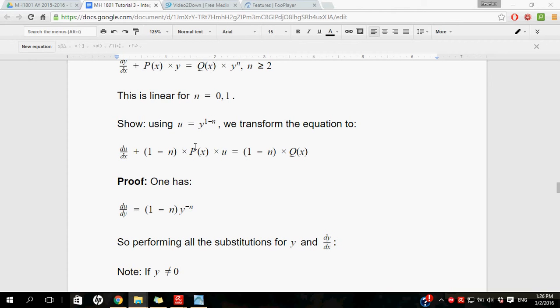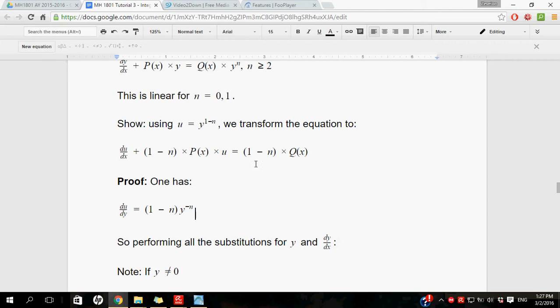So when we differentiate that, we take the power 1 minus n and bring it down and subtract 1 from the power, so it becomes y to the minus n. That's du/dy. And now we need to perform all the necessary substitutions for y and dy/dx in order to obtain the answer that we want.